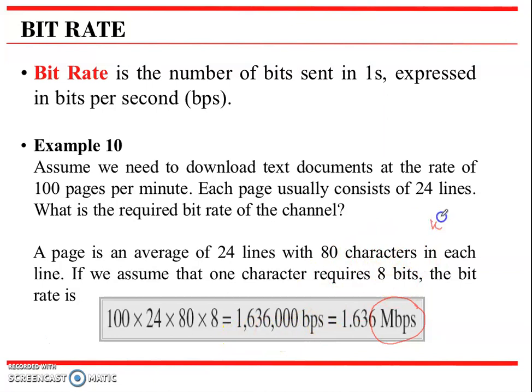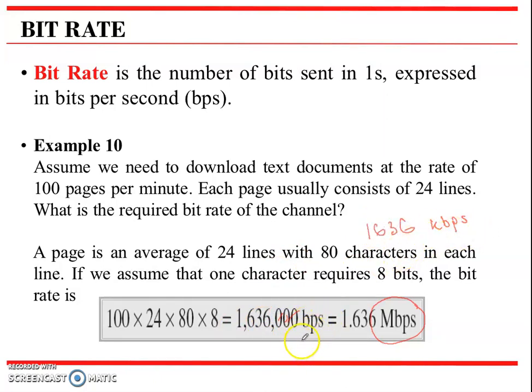We also can represent it in different unit ataupun kita boleh bahagi dengan 1000 to have kbps kan. Ingat hari tu bit per second, kilobit per second, megabit per second, terabit per second. So if you want to move down each of that unit kena bahagi dengan 1000. So kalau you bahagi dengan 1000, you akan dapat 1636 kbps.